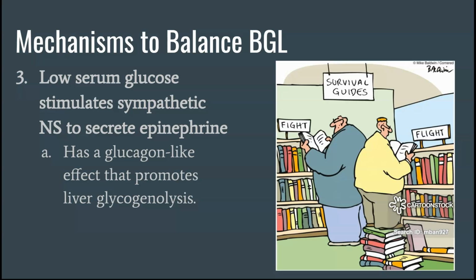That fight or flight response in the longer term produces glycogenolysis, right? It causes the liver to break down glycogen into glucose, because if you're in fight or flight, your body is assuming that you're going to need that sugar in order to get away from an enemy, or make sure your muscles are functioning appropriately to run away.